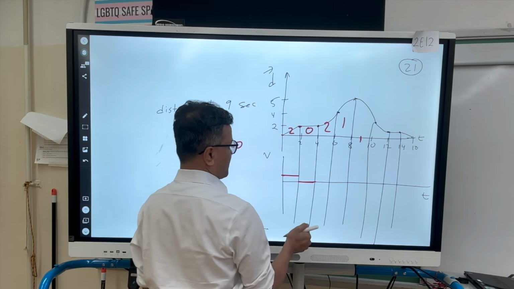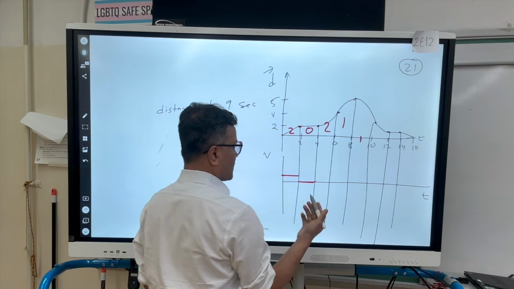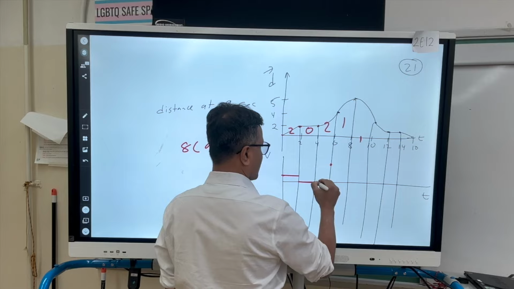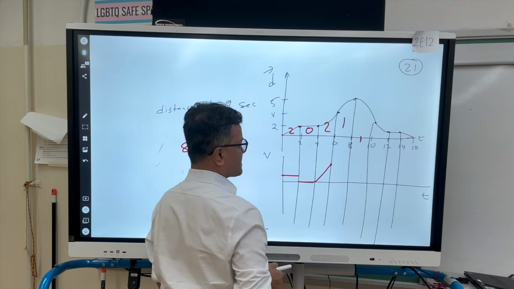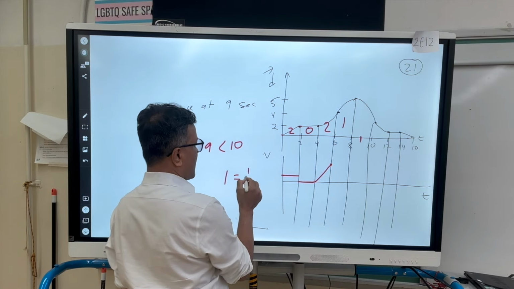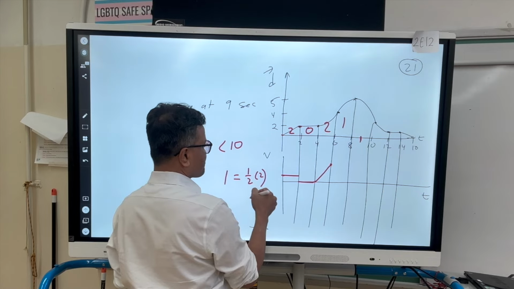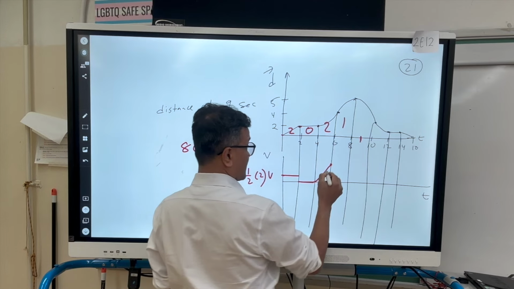So this is 2. So then the velocity is 2. Okay, here is 1. So the velocity is, you have 1 is equal to half 2. So velocity is 1.